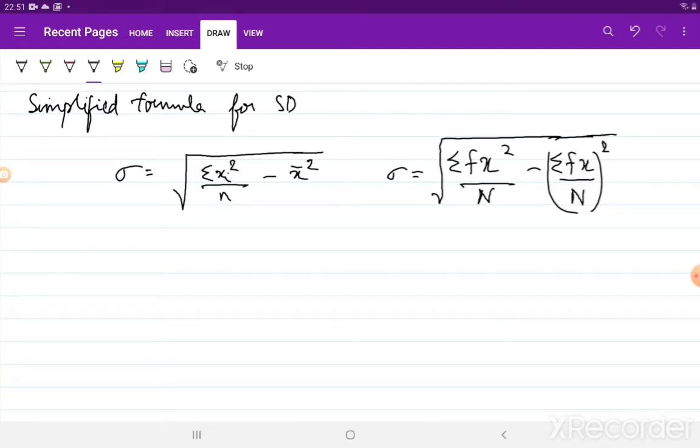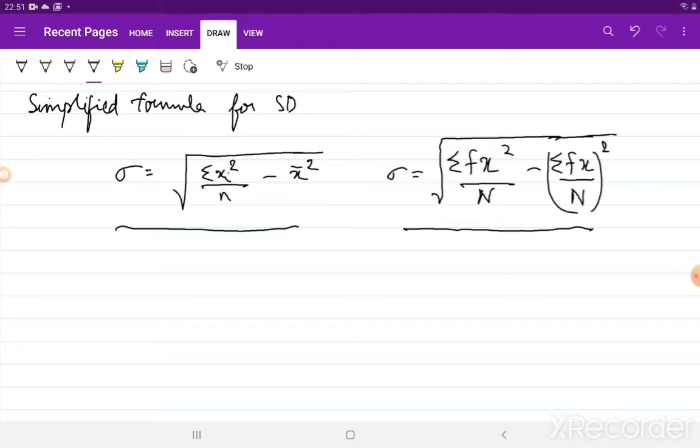Like I said, this would be for individual raw data, and this would be for frequency distribution data. But both these formulas involve a lot of calculations, especially if your x values are quite big, then squaring them becomes quite painful.